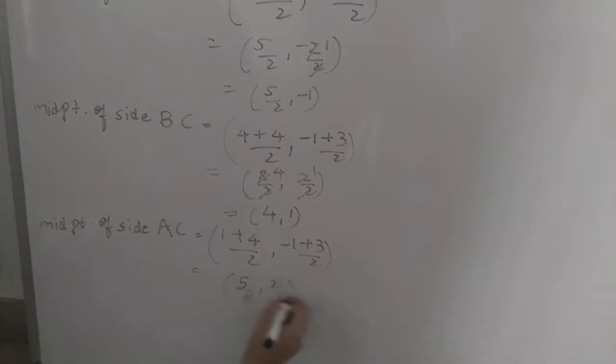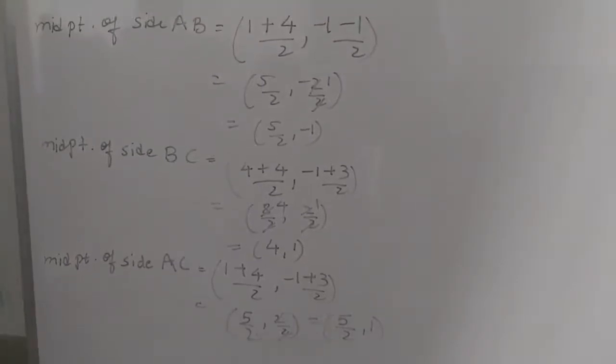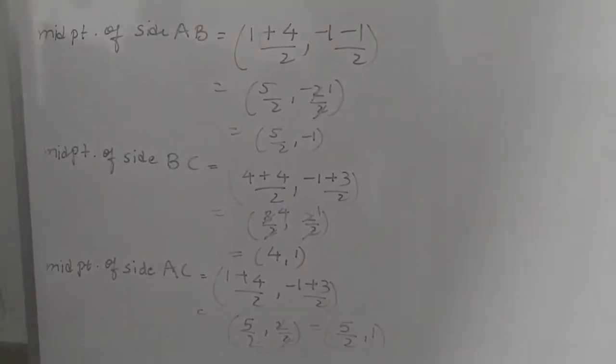This way, here it will not cancel, so I get only 5 by 2 and 1. These are the coordinates of our third side. So here we got all three sides' midpoints: side AB, side BC and side AC.